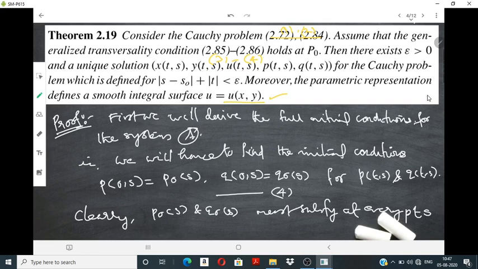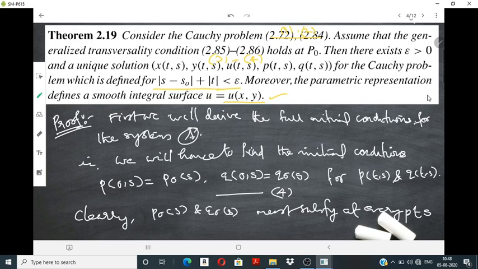That means if the Cauchy problem satisfies the transversality condition, which we explained in the definition, then there exists an epsilon greater than 0 such that in the region |s - s naught| + |t| < epsilon, this problem has a unique solution. Which is the unique solution? x, y, u, p, q in the parameters t, s.